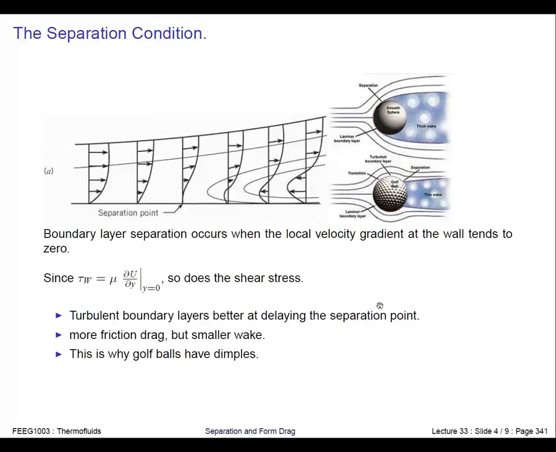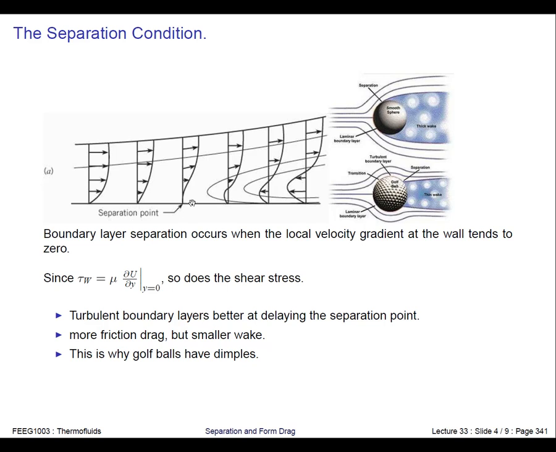Separation typically happens when there isn't any shear stress. So this is a separating flow, and effectively there's a force pulling the fluid in this direction. The fluid up here has a lot of momentum and carries on, but the fluid near the boundary is going much less fast, and there is a force pulling fluid from right to left.